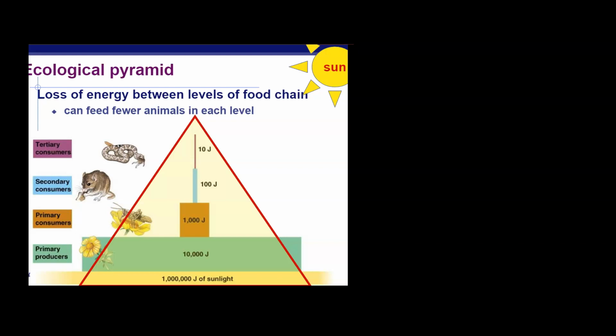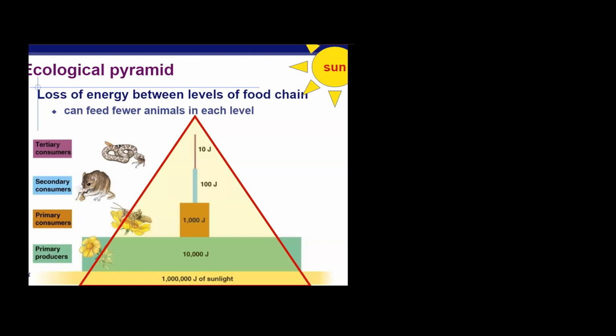And that is the amount that now will be available to the secondary consumers. So the secondary consumers are going to then take advantage of that. But by the time they're done with their life processes, they've only got about 100 joules left available for the next top level of tertiary consumers.